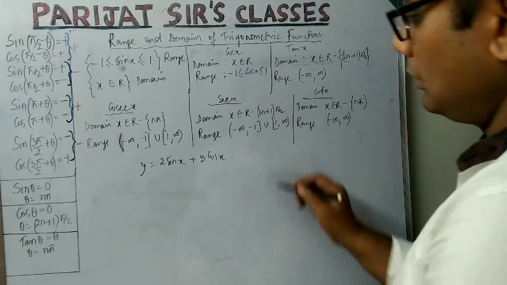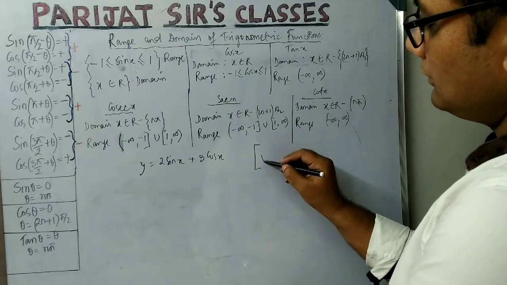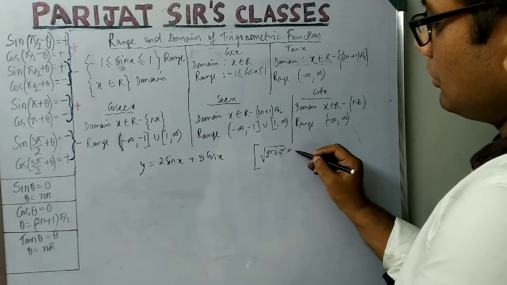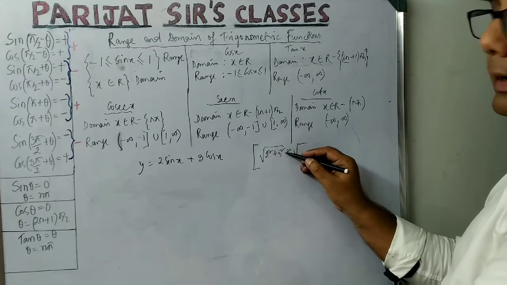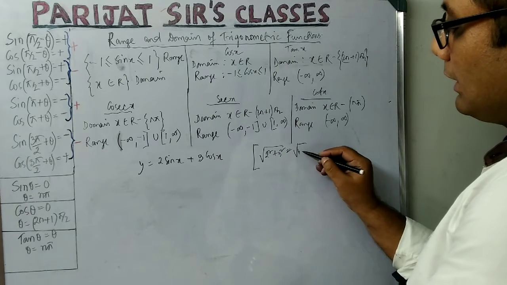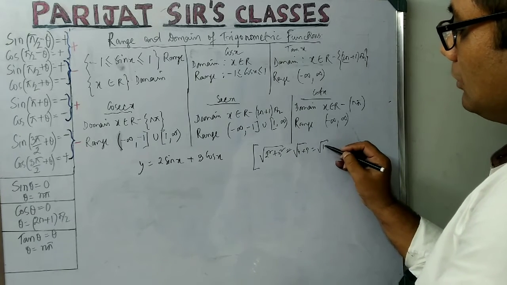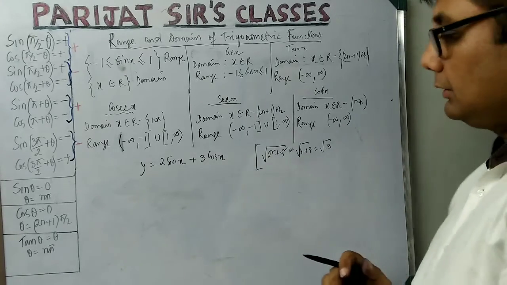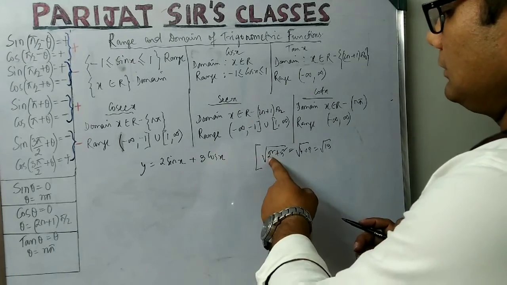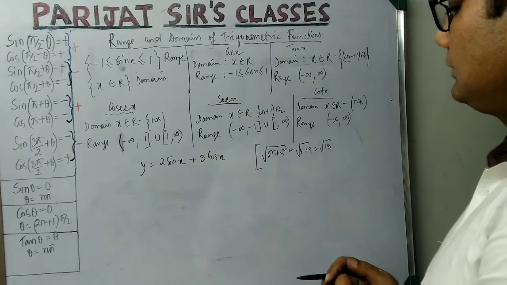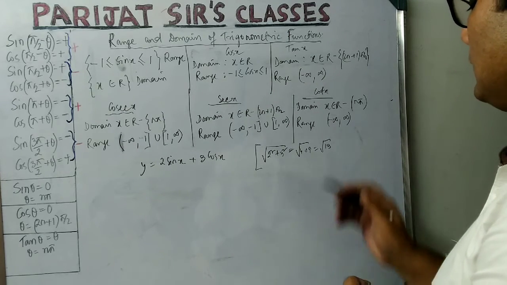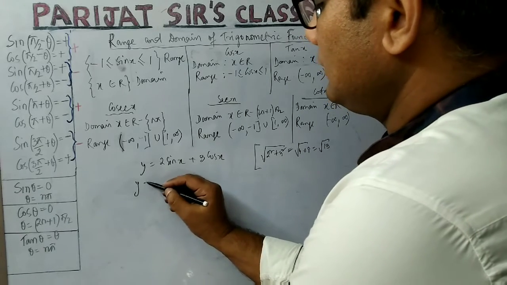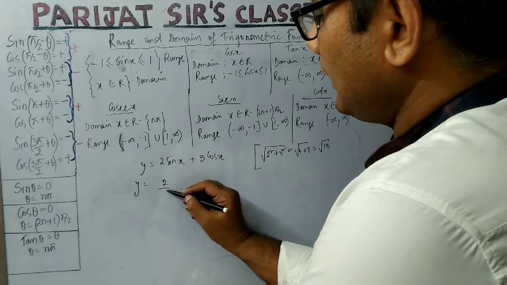Remember the rule: first find the square root of the sum of squares of these two numbers, 2 and 3, that is 4 and 9. So this is coming out to be root 13. So what I have to do now is y is equal to root 13 times, dividing by root 13.